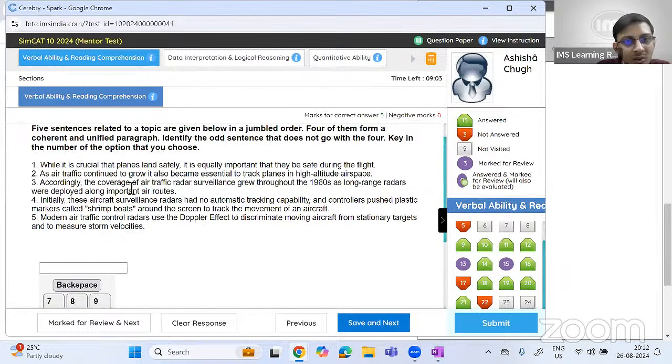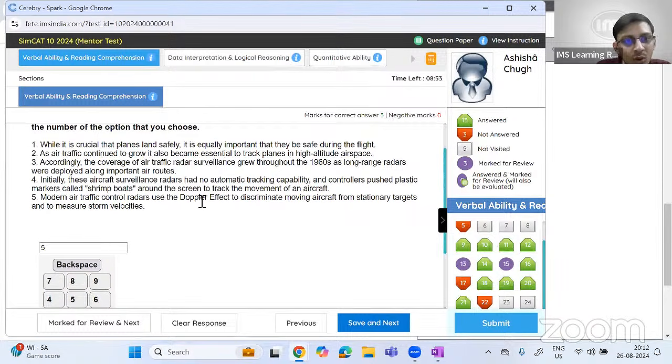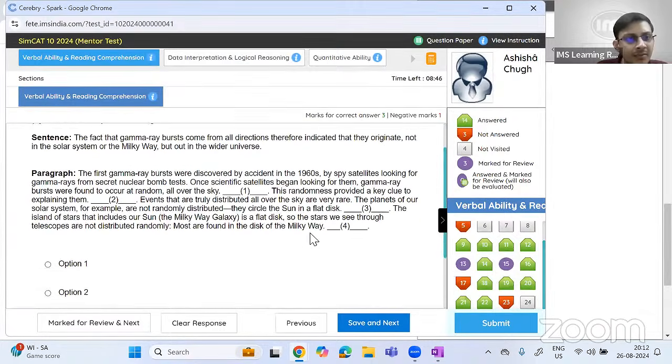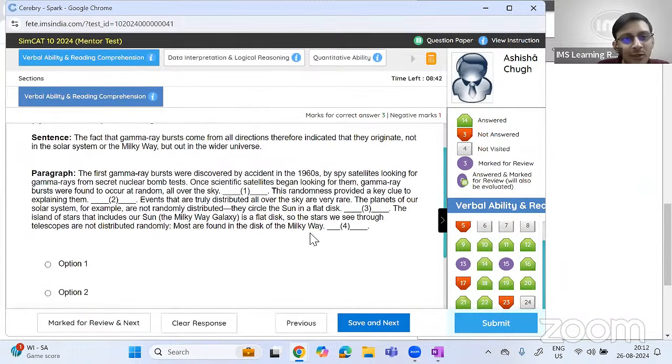And third, surveillance grew. And initially, I think the fifth one is what I will go with, since we are not really talking about the Doppler effect, and that seems to be introducing something new. Okay, so I'll go with this. Now, because it was a question with no negative marking and I was not very sure, I could mark an option.